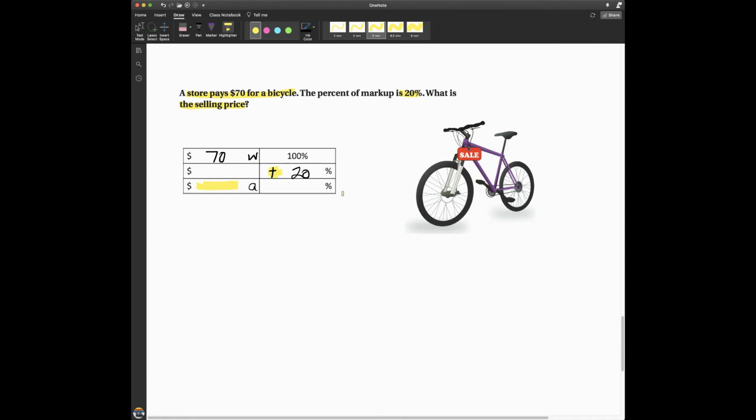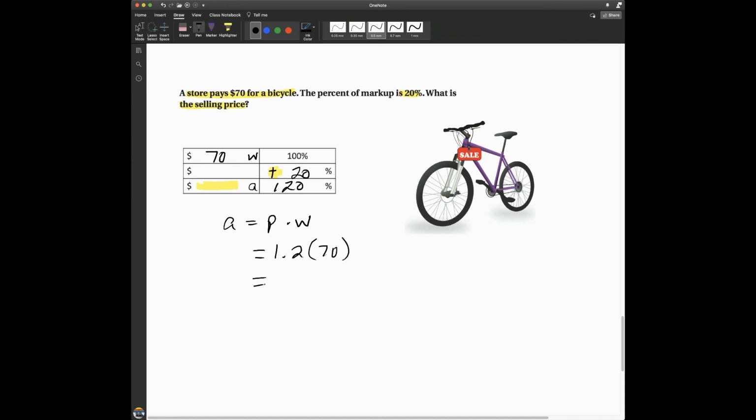Okay, we want to figure out what is the part. And yes, the part is going to be bigger than the whole, but that's because we're adding a percentage to that 100%. All right, so you are going to pay 120% of that original cost to the store. So again, the percent equation comes in handy. 120% written as a decimal, 1.2 times 70.